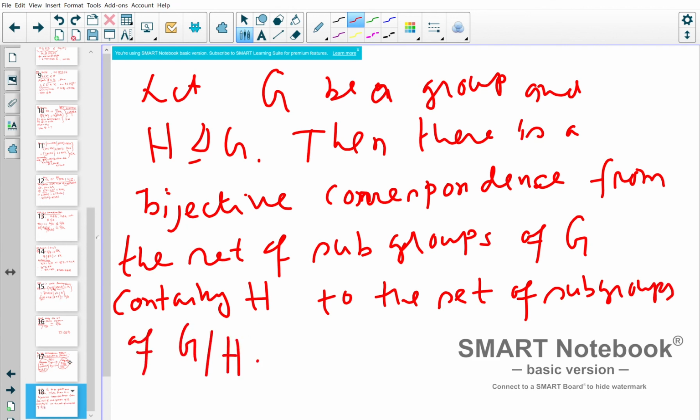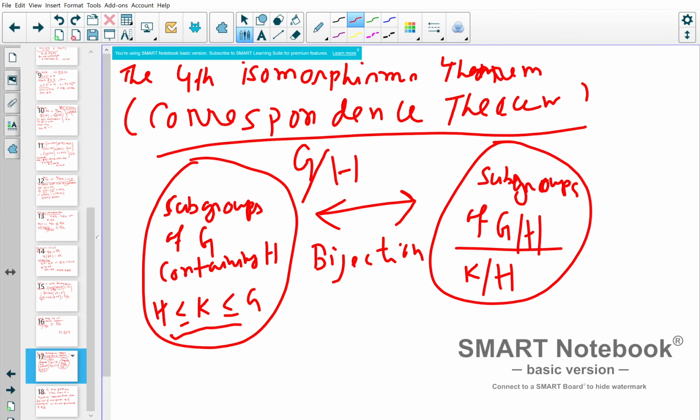That means for every subgroup of G mod H of the form K mod H, where K is in between H and G, this is a one-to-one correspondence.